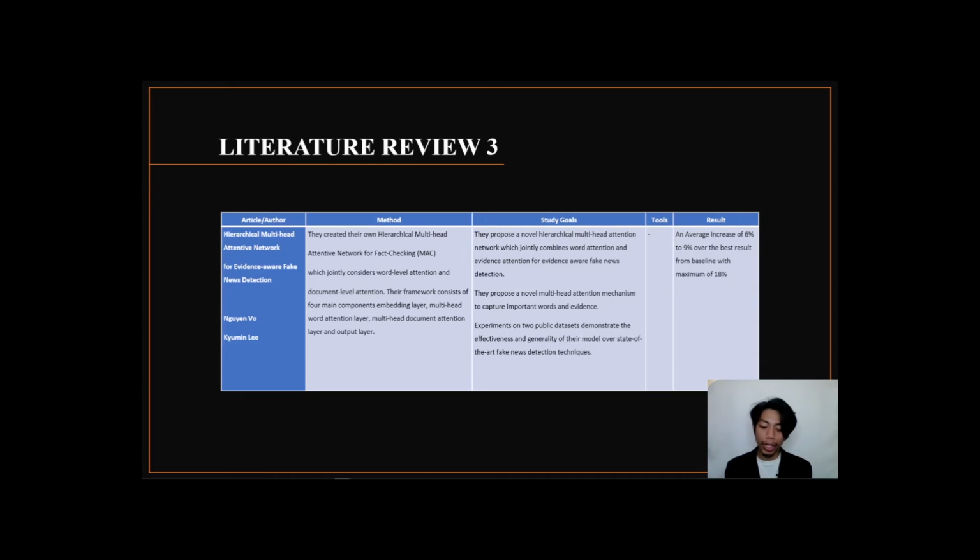Basically, they create their own model, and then they use 2 public datasets, and test the score on those datasets compared to previous people.